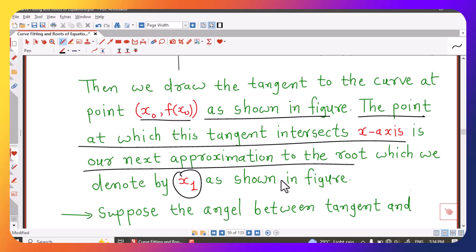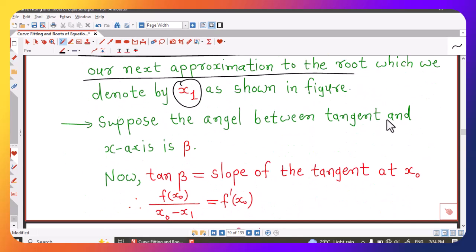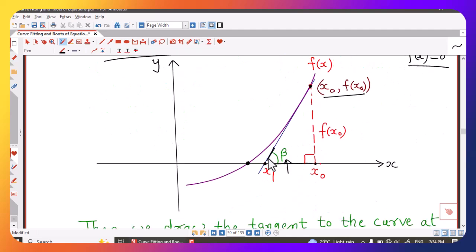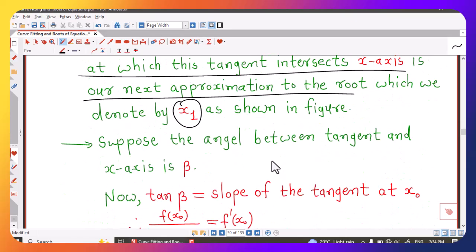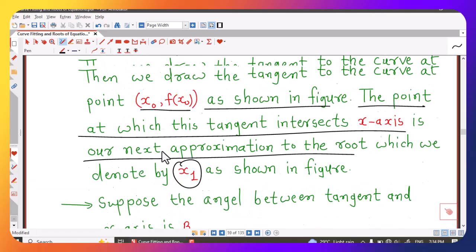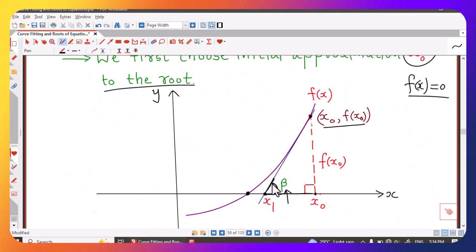Then I have written that suppose angle between tangent line and x-axis is denoted by beta. So tan beta is nothing but slope of the tangent at x0. This tan beta we have obtained from this triangle. Tan of beta equal to length of this side, which is f(x0), divided by length of this side, which is x0 minus x1.